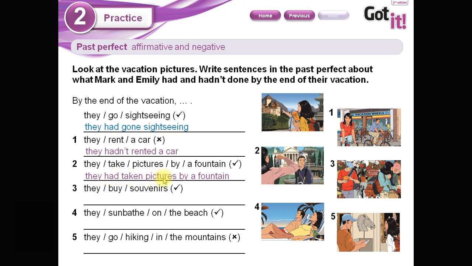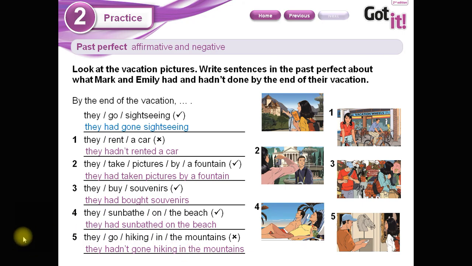They had taken pictures by the fountain. They had sunbathed on the beach. They hadn't gone hiking in the mountains.